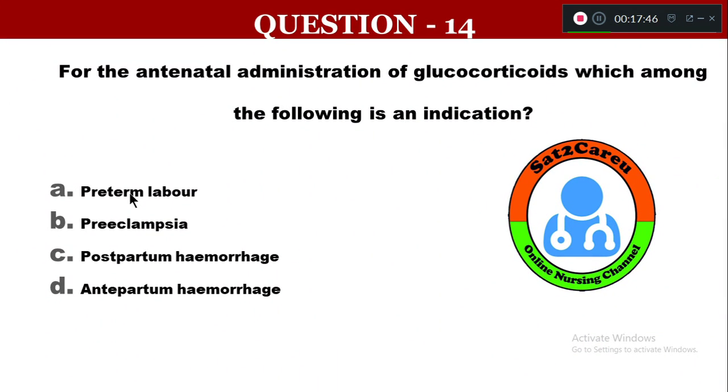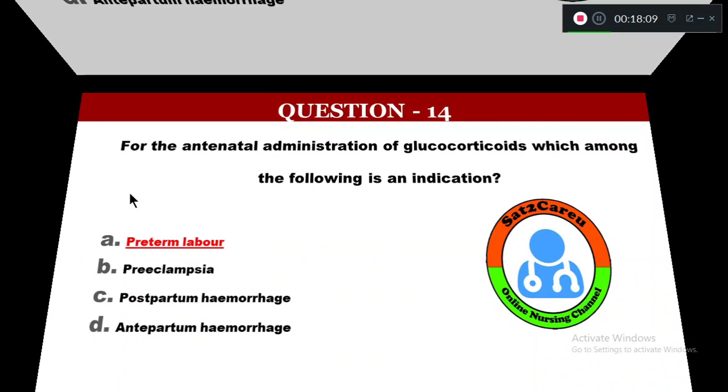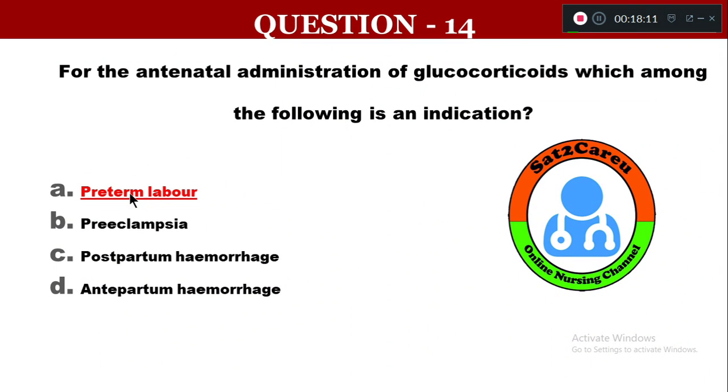For the antenatal administration of glucocorticoids, which among the following is an indication? Option A preterm labor, B preeclampsia, C postpartum hemorrhage, option D antepartum hemorrhage. So, in the antenatal period, the primary indication for administering glucocorticoids is option A, preterm labor.